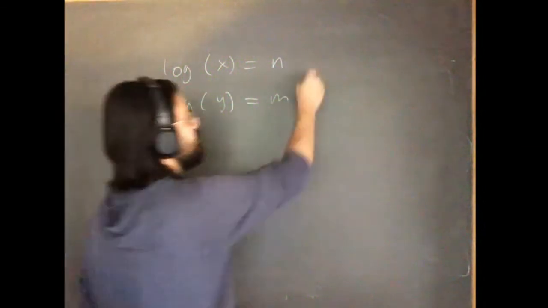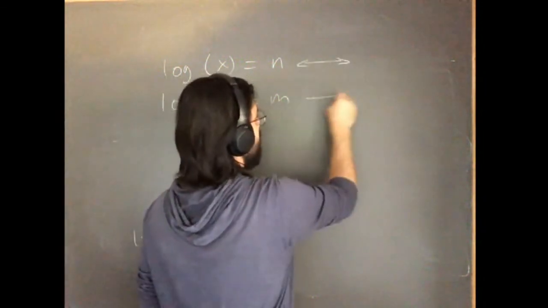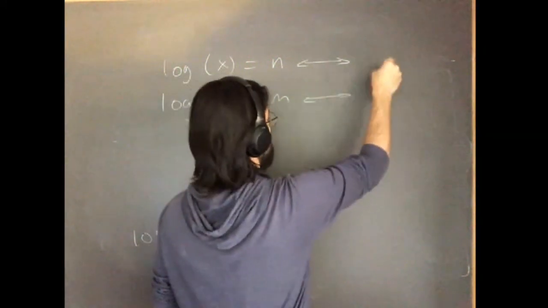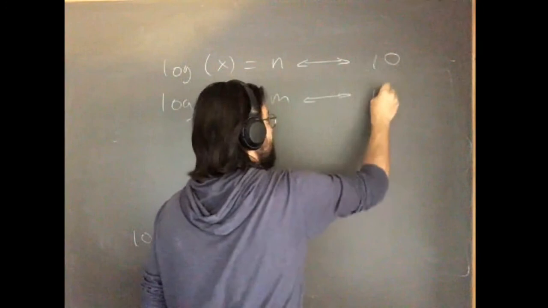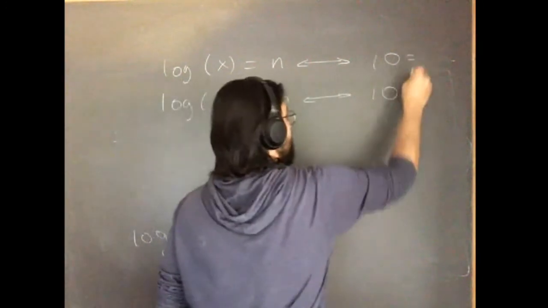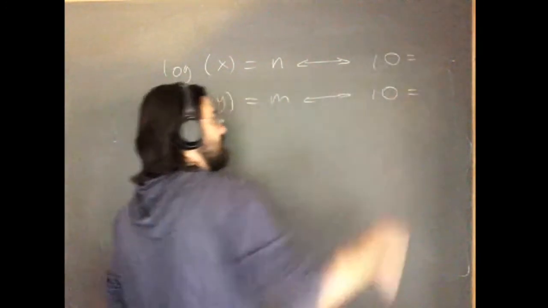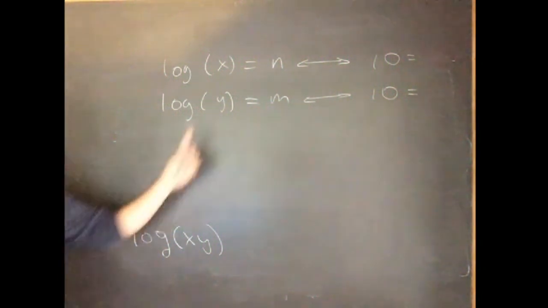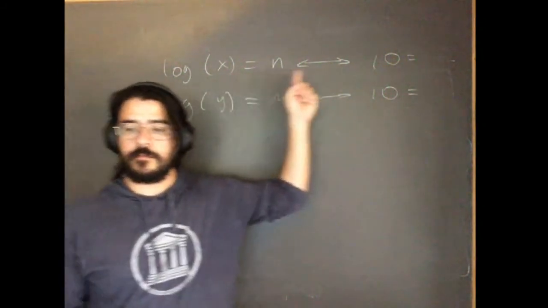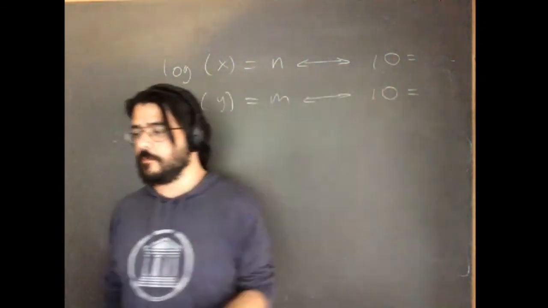But before we do that, let's just convert this over to exponential form. So what is this in exponential form? Remember, the base is 10. Here the base is 10. But what's the exponent and what's the output there in the exponential form? What should we get for those two equations? So here's the logarithmic form. Here's our exponential form.